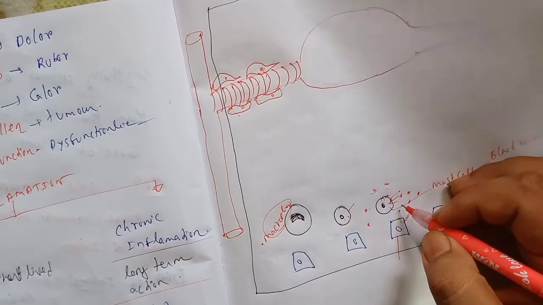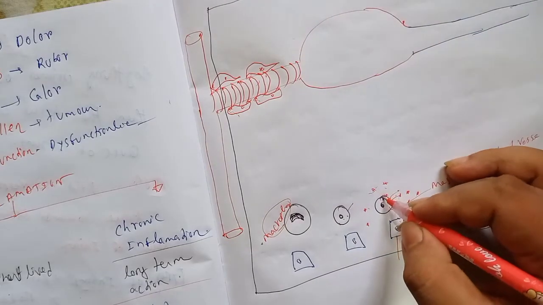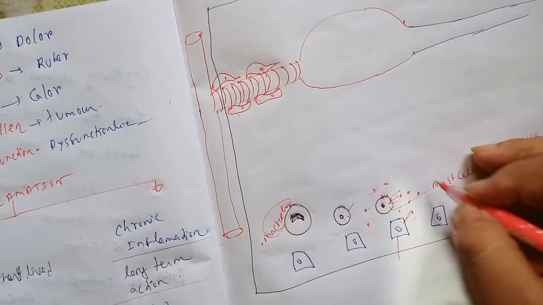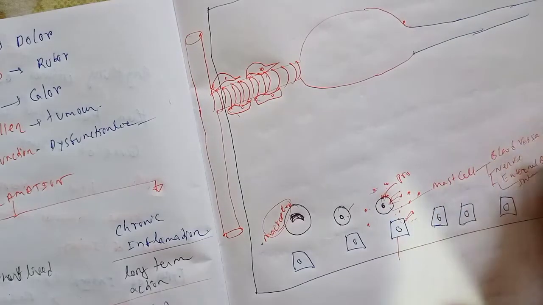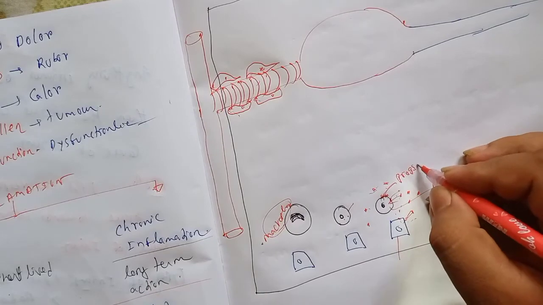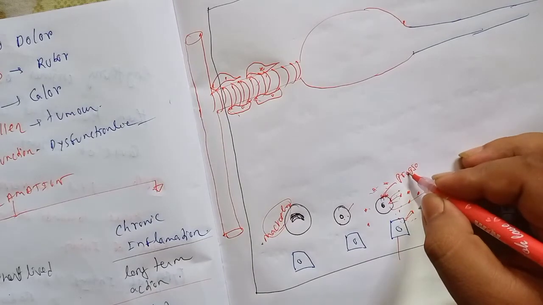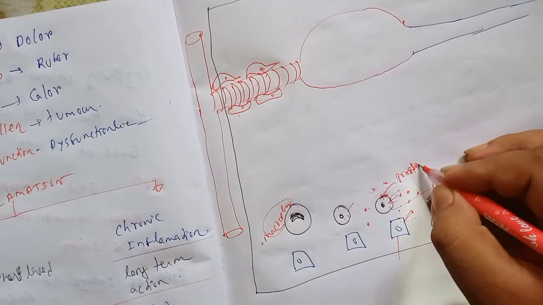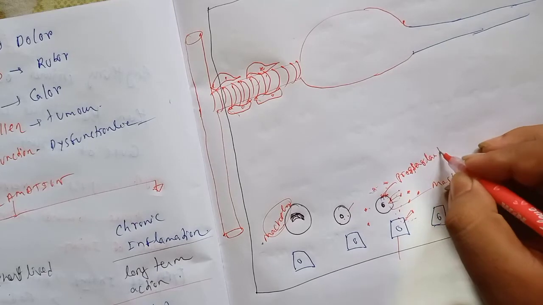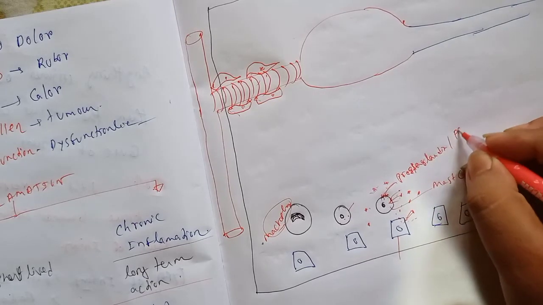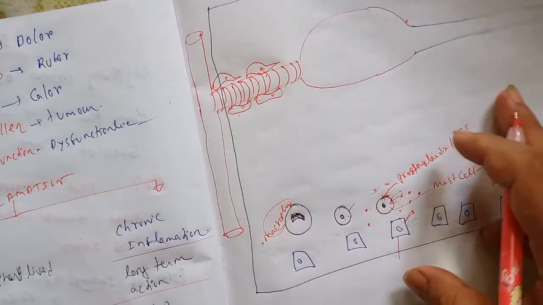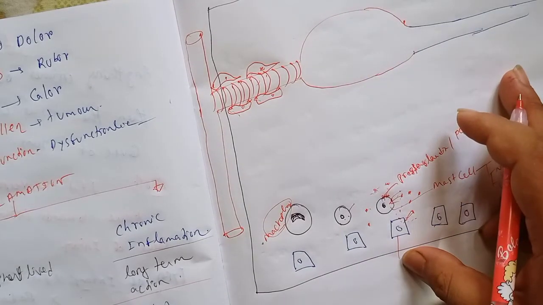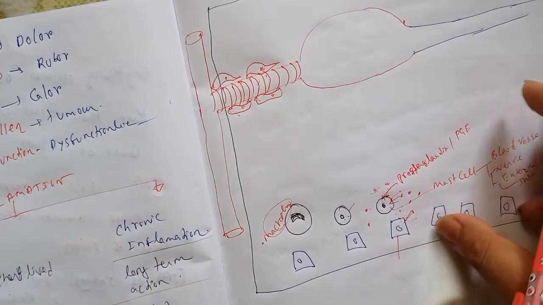Whenever they understand something is wrong here, they will first produce prostaglandin, or you can write PGE. Not only prostaglandin, they will form many things here.